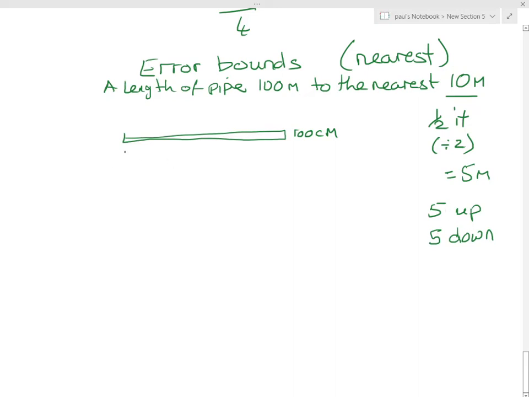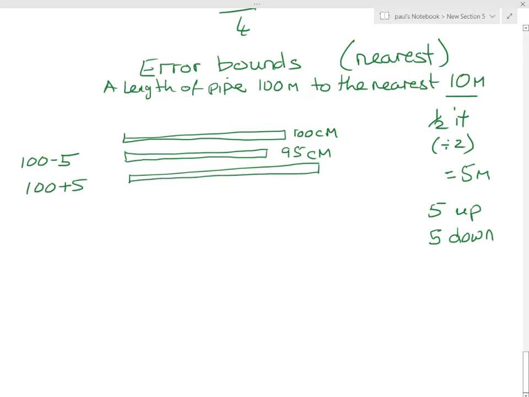So if we go down, we would get a length of pipe that was 95 centimeters, because it's 100 take away the 5. Then we're going to go up, so we add on the 5. So 105. So this means that you've cut a length of pipe and it's going to be between 95 and 105. So there to there is our 10 meters, and that's where we get the nearest 10 meters from.